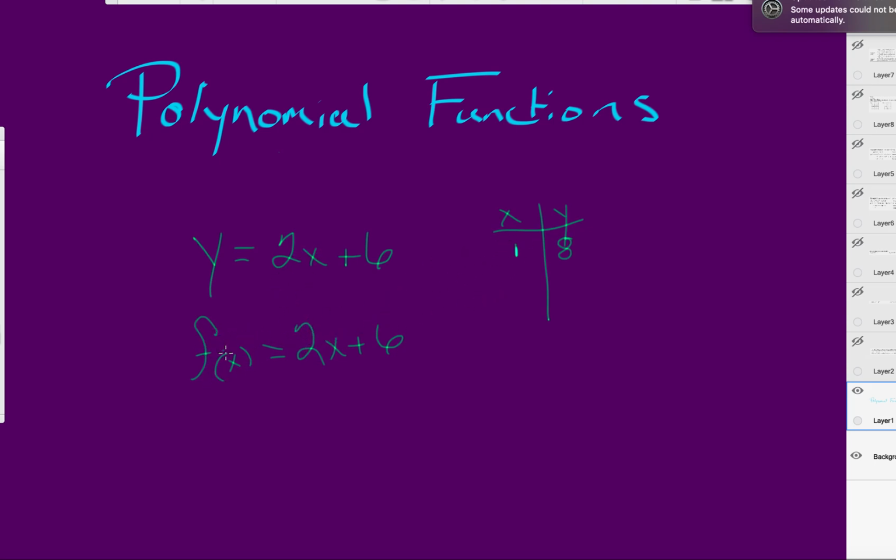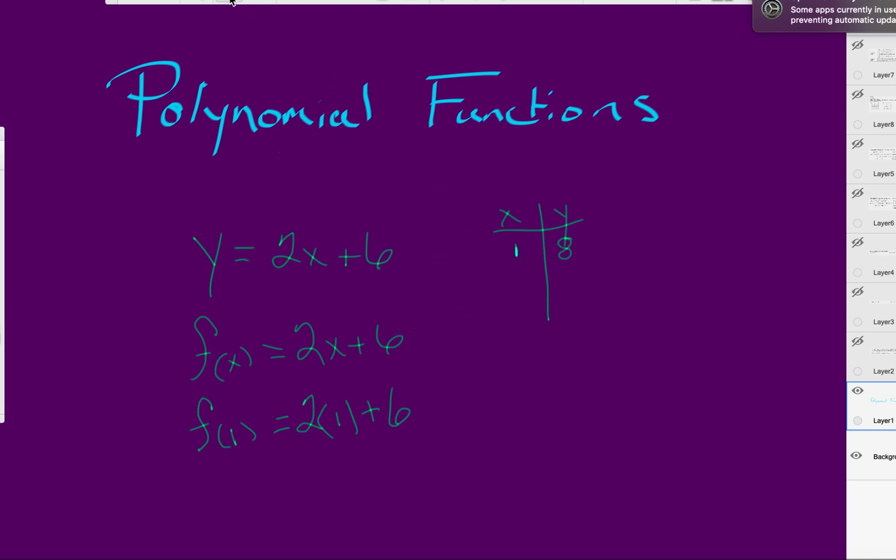Well, you would do the same thing, only it would be expressed as, hey, if f of x is 2x plus 6, what is f of 1? And so they put the 1 in the parentheses here, and what it says is, wherever you see an x, you're going to input a 1. And I'll get to that momentarily. You'll still get the 8 out.